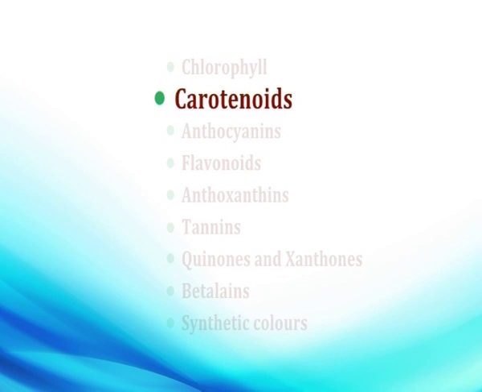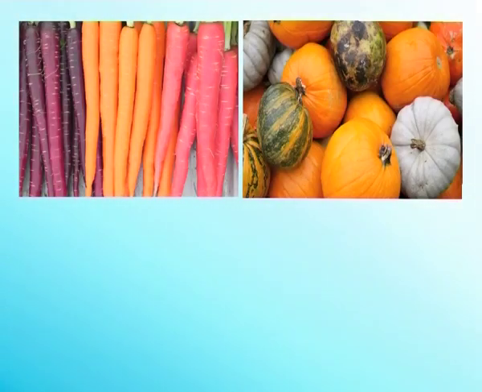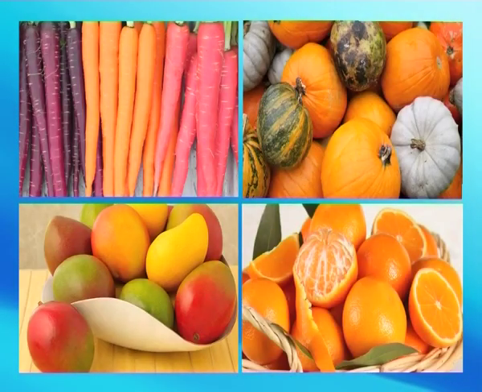Carotenoids. Carotenoids are present in many fruits and vegetables like carrot, pumpkin, mango, orange, etc. They are orange-yellow pigments and are fat-soluble in nature.